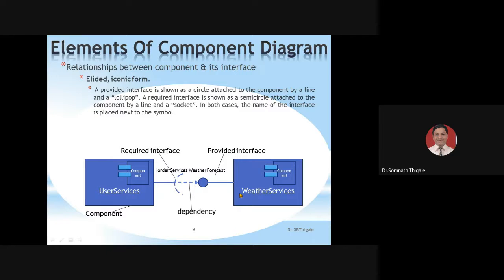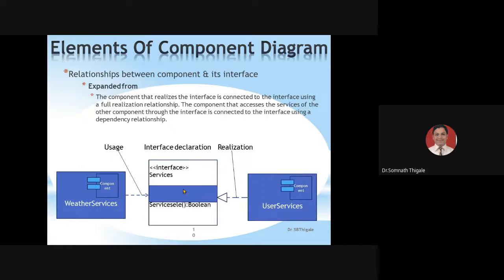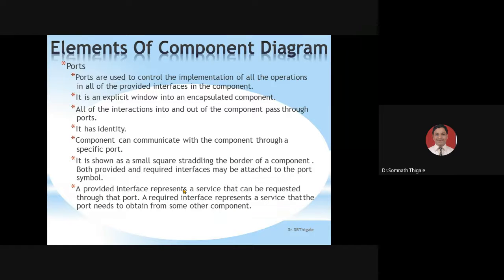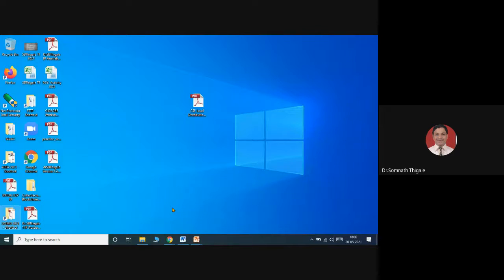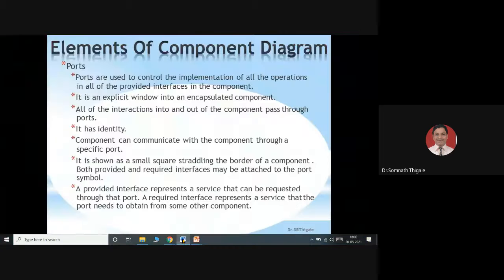Different components can interact with each other, and those interactions I'm discussing as an interface. Is this clear? Okay. Next part we will discuss is the port, but we will discuss that in the next lecture. I'll complete the attendance part first.